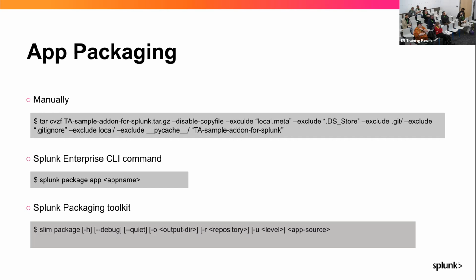And then we have .gitignore, local folder, and __pycache__. So __pycache__ is the folder that's introduced, I think mostly in Python 3, which contains .pyc files. So you want to ignore that as well because you don't want to ship a binary file and cause a compatibility issue. And __pycache__ is generally created as well when you install the TA.